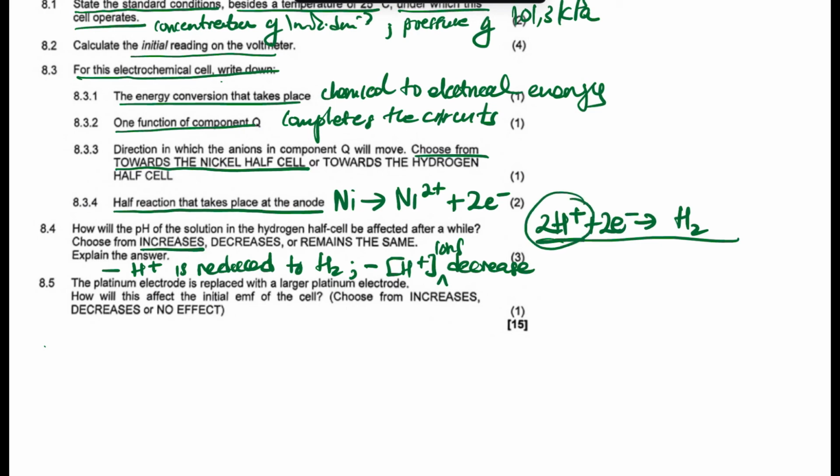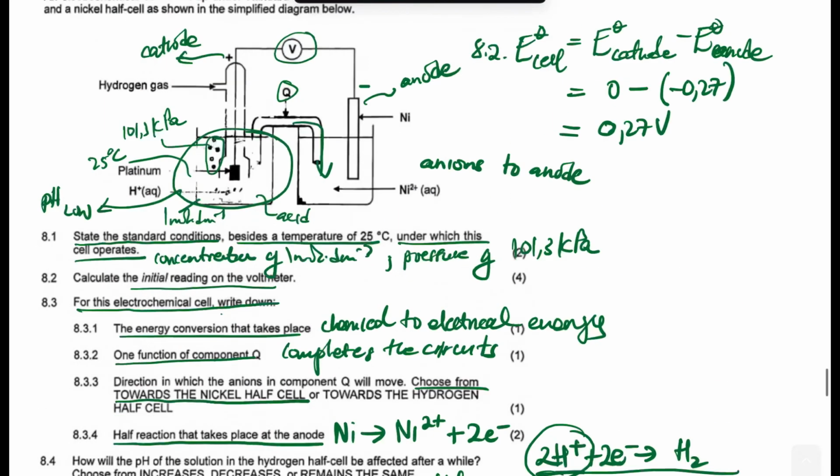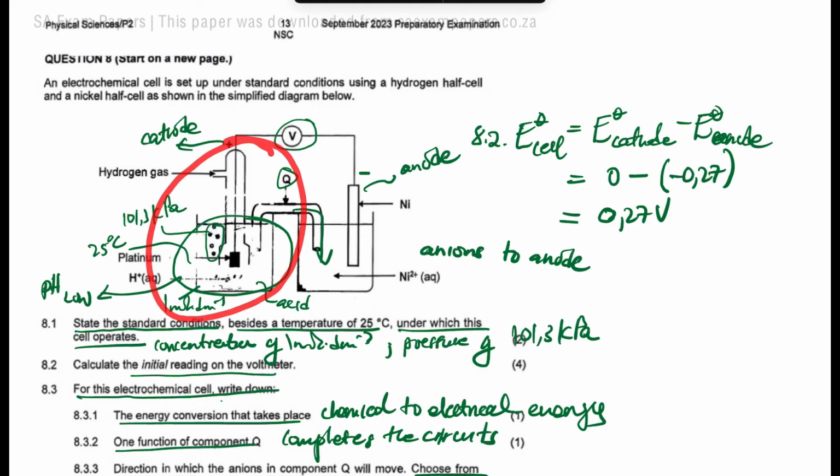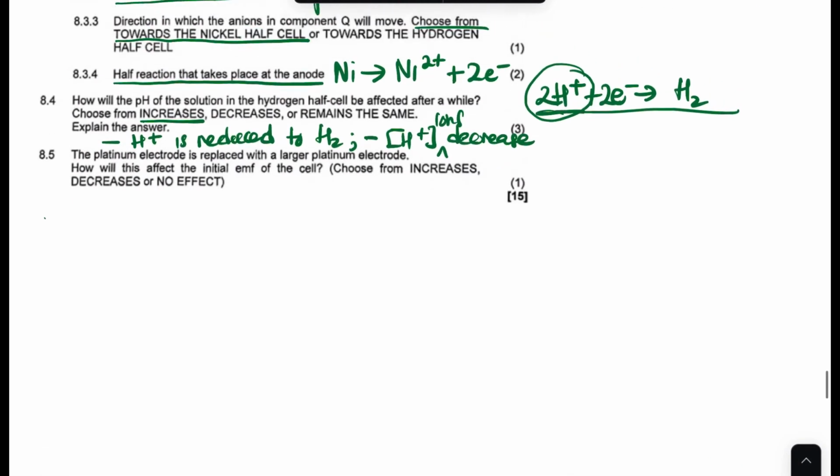There's a reduction going on there. Now, if this half cell was an anode, the hydrogen gas would oxidize to H plus, the concentration of H plus would increase, and the pH would decrease.